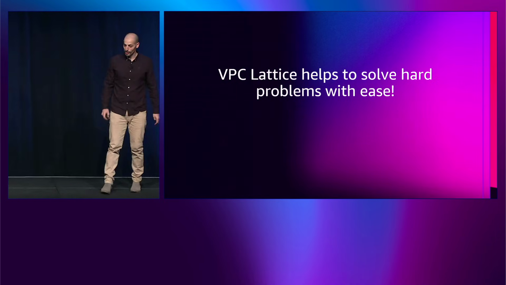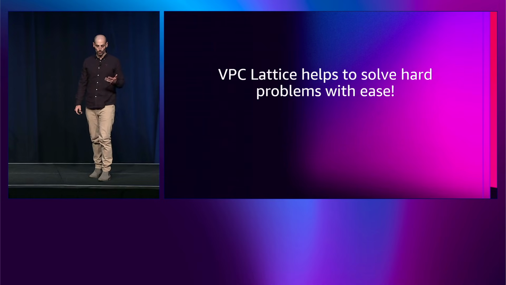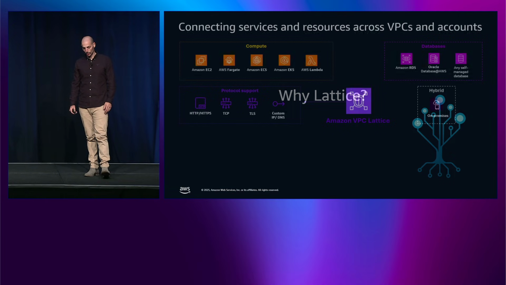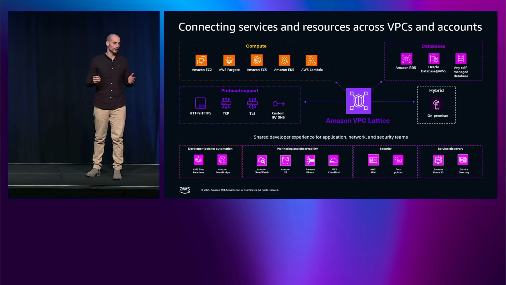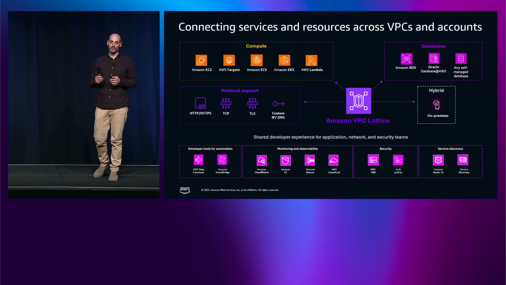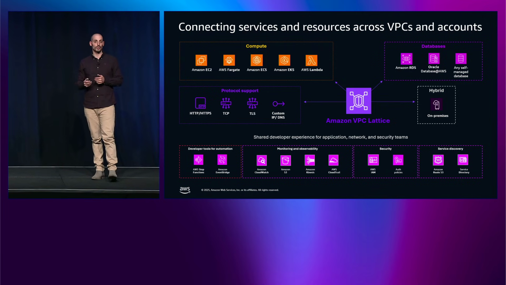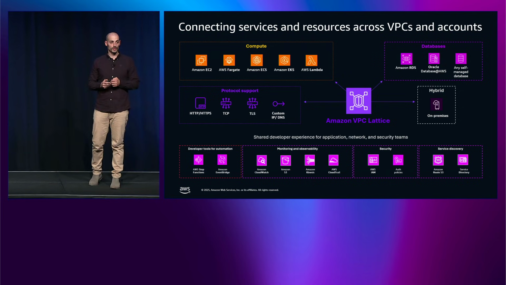Thank you, Jimmy. So before we start answering why Lattice will help, let's do a small refresher on what Lattice is. Here we see on the screen VPC Lattice. We call it an application networking service, and it connects, monitors, and secures communication between services and resources. You see here on the screen the variety of compute types it supports, from the traditional EC2s to containers and even serverless.